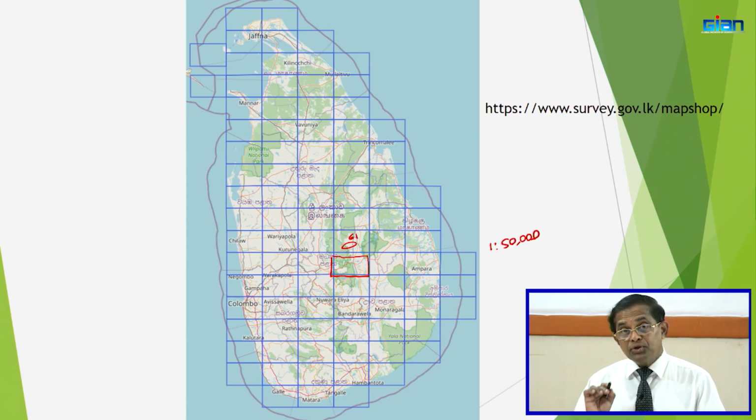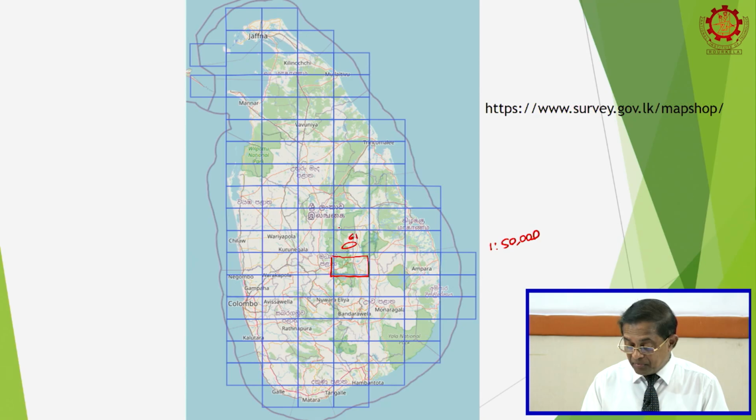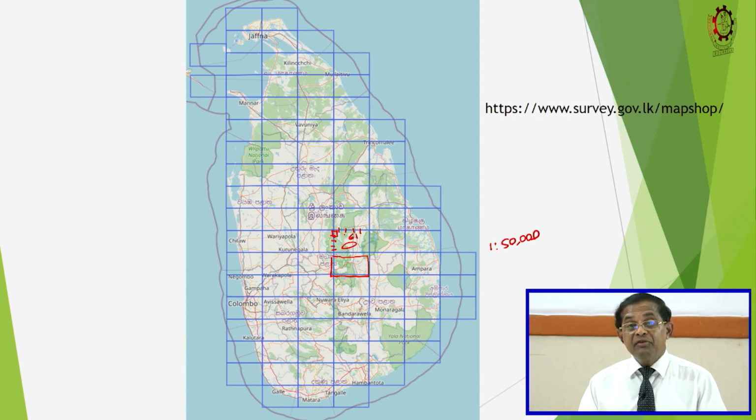And also each cell, they have expanded into 1 to 10,000 maps. So, it has therefore 5 into 5 maps, 25 1 to 10,000 maps prepared for each 1 to 50,000 map.